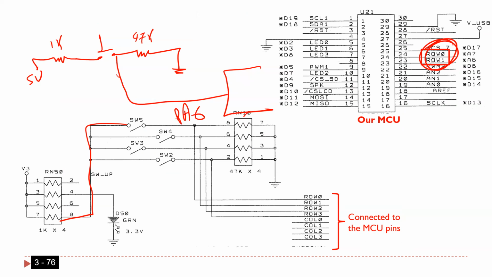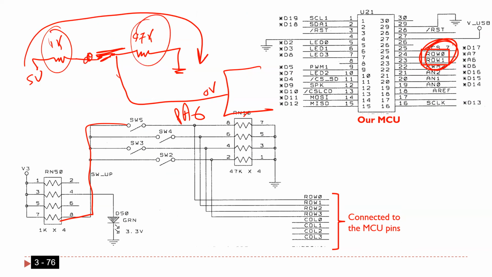If you don't press anything, this voltage here is going to be 0 volt. So normally it is 0 if you don't press. Once I press here, the current is going to go this way, and because this resistance is much smaller than this resistance, the voltage here is going to be close to 5 volt.